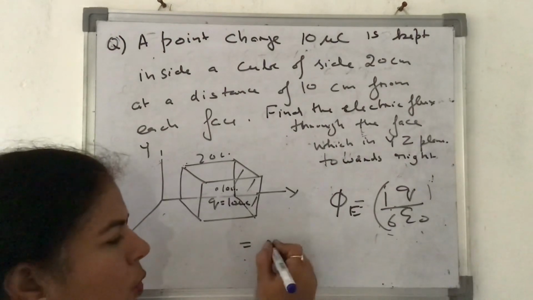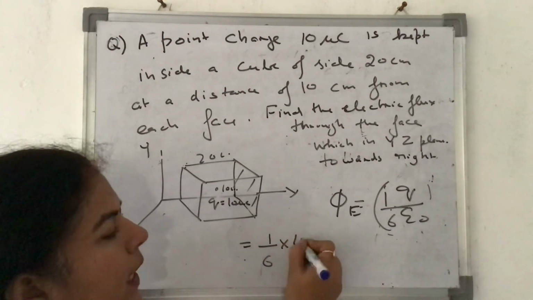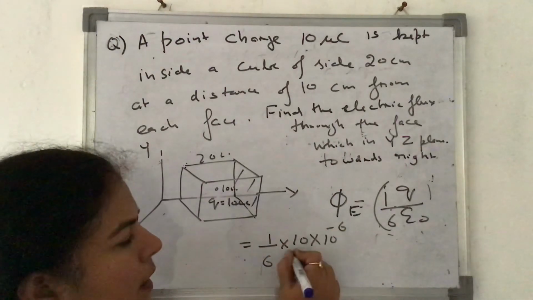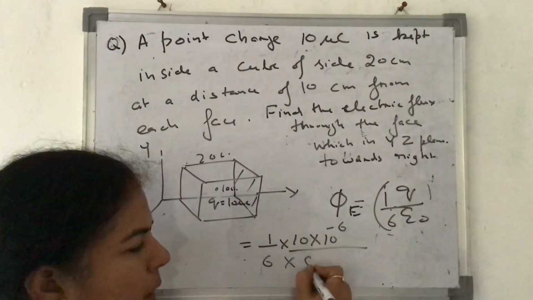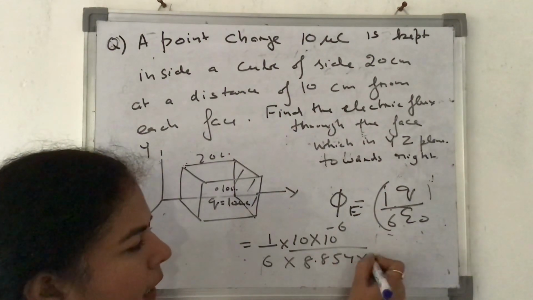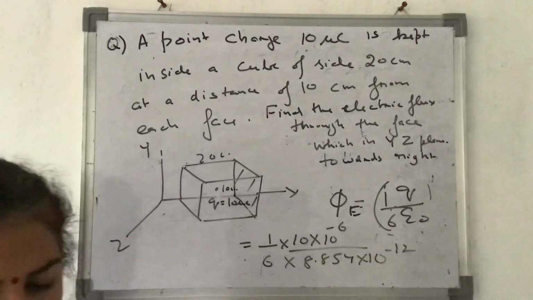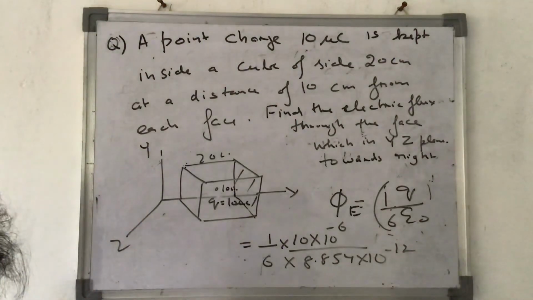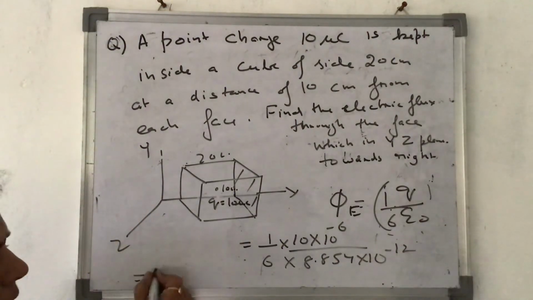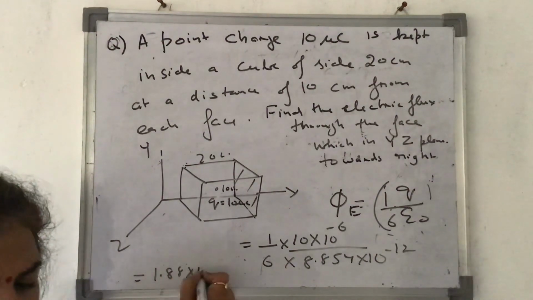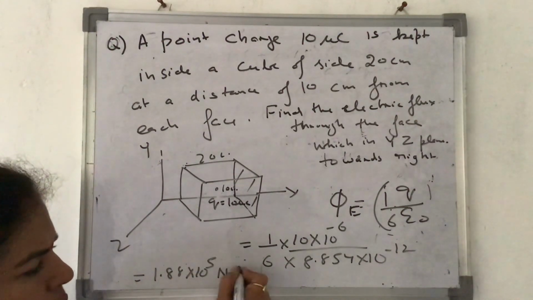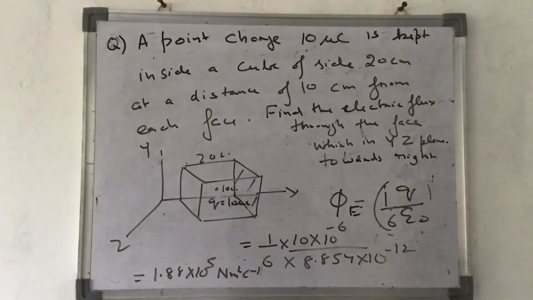But only 1/6 of it, so Q by 6 into 10 into 10 raised to minus 6. Value of epsilon naught is 8.854 into 10 raised to minus 12. We'll solve this thing, and what do we get as the answer? We get it as 1.88 into 10 raised to 5 Newton meter square per coulomb.